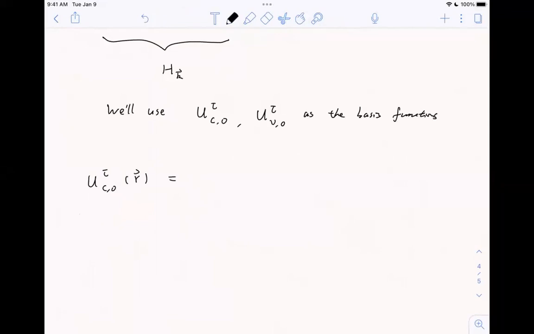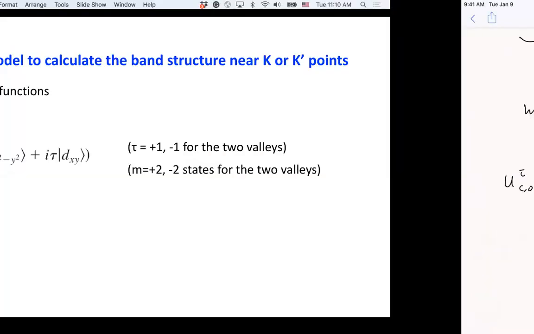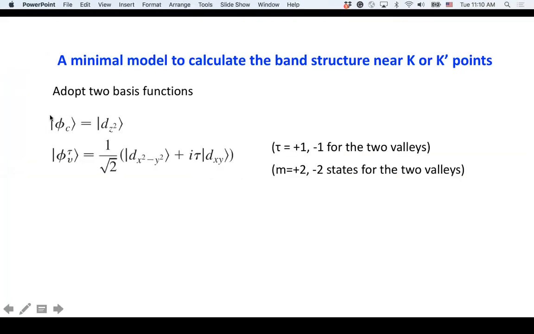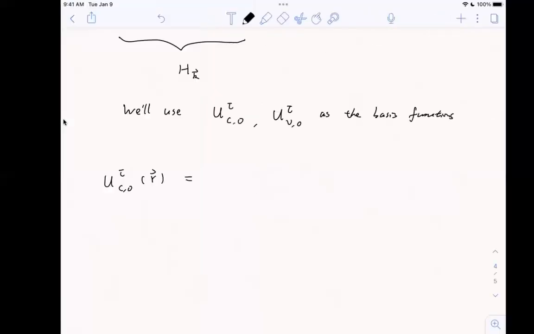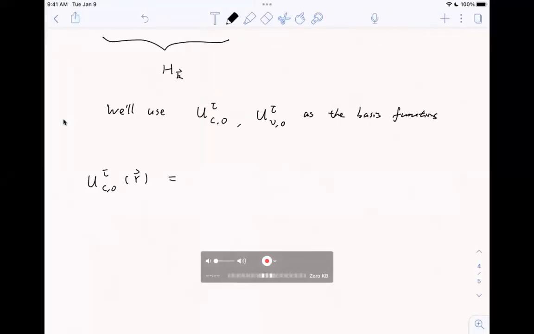It will be this function C. Okay, and then it will depend on the site.